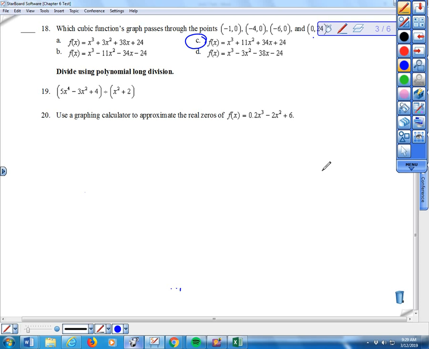So I'm going to go second trace, 0, find the first one. I get negative 1.61. Find the second.